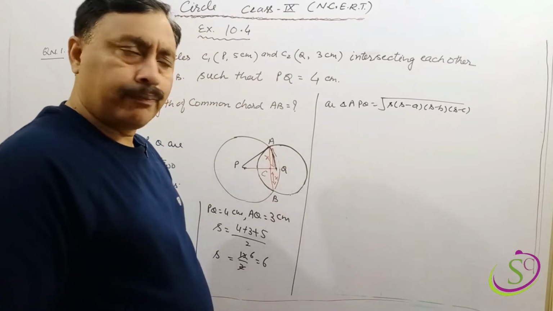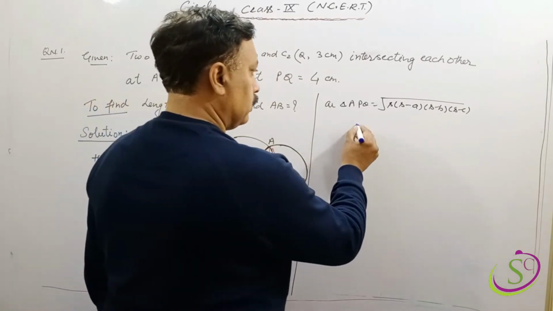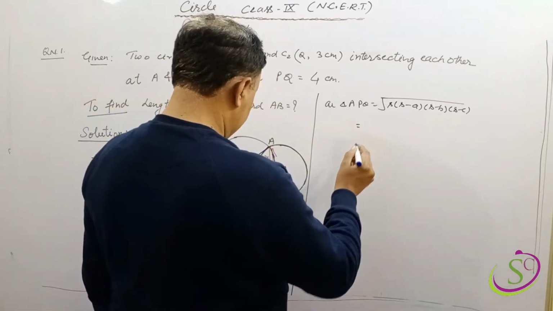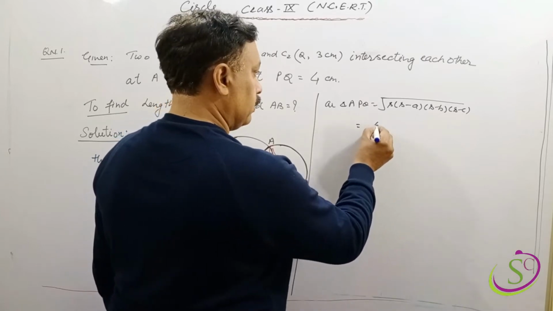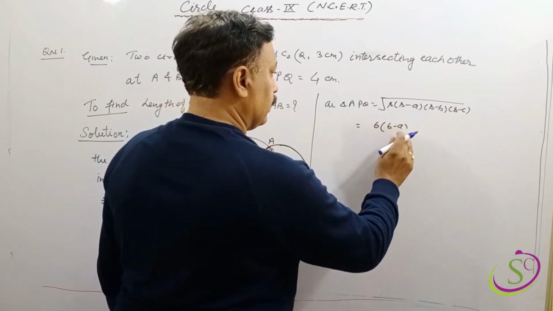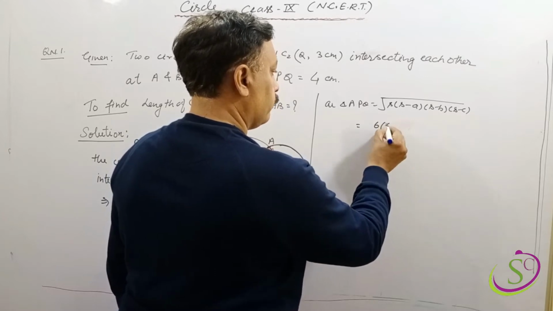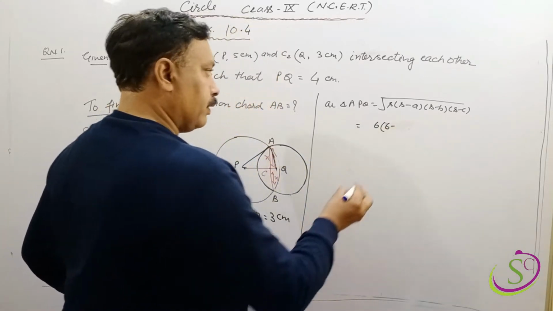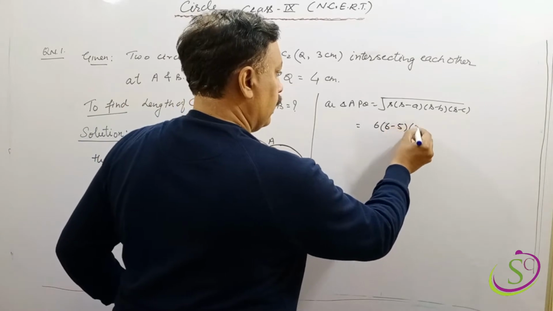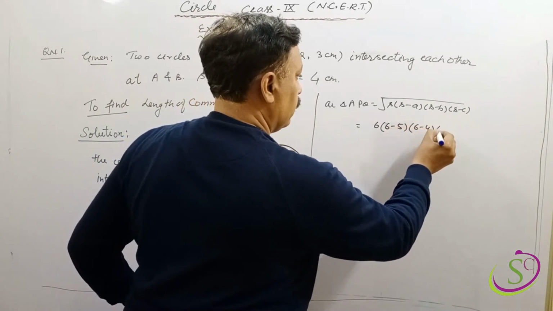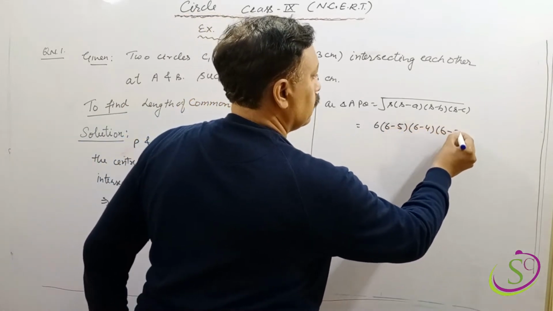Is it clear? What is s? s is 6, into 6 minus a, a is 5, and 6 minus 4 and 6 minus 3.